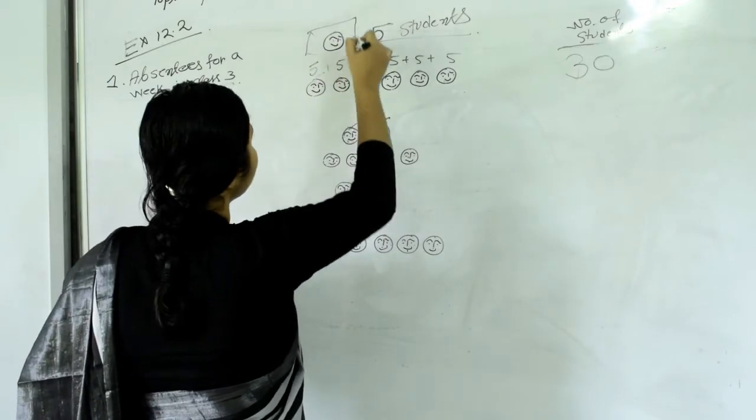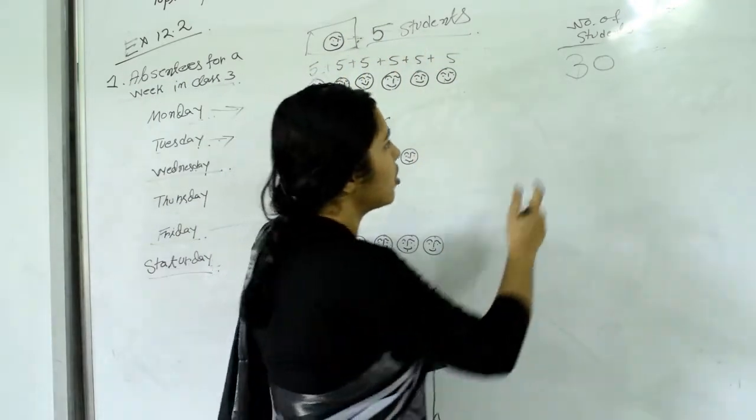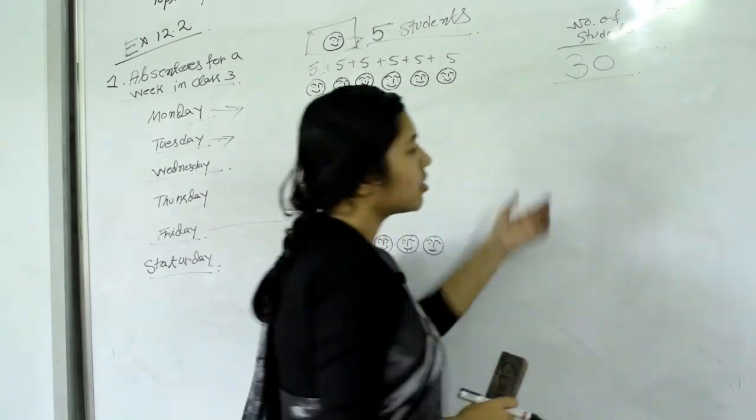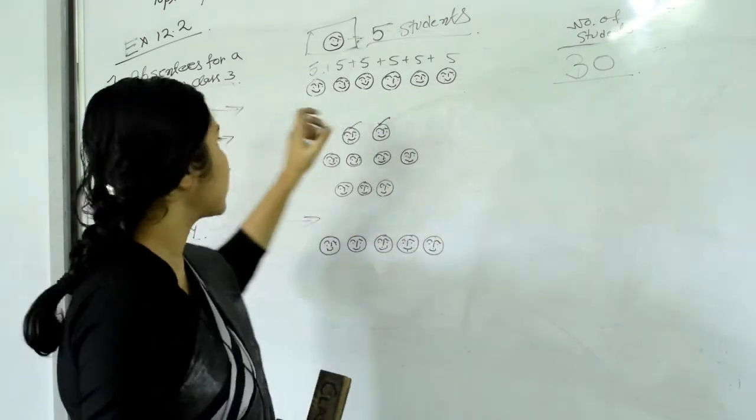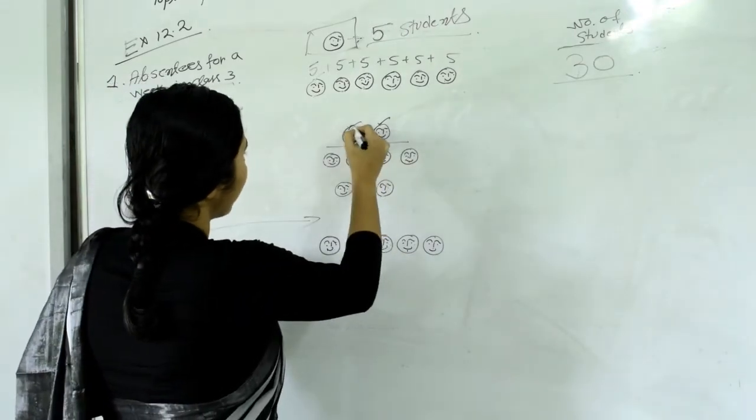If one face represents 5 students, in that case here we will write that 30 students are absent on Monday.